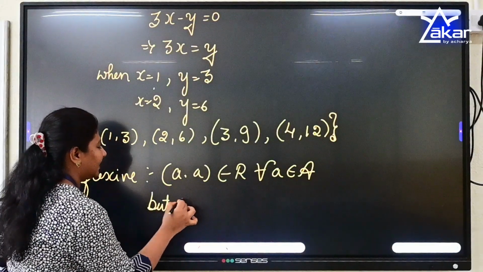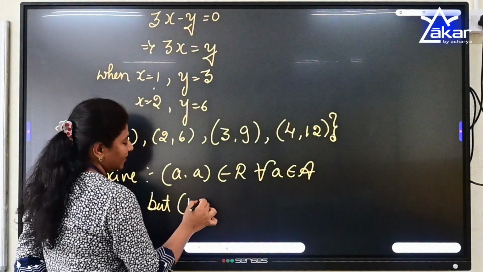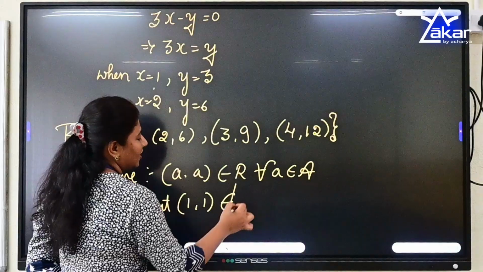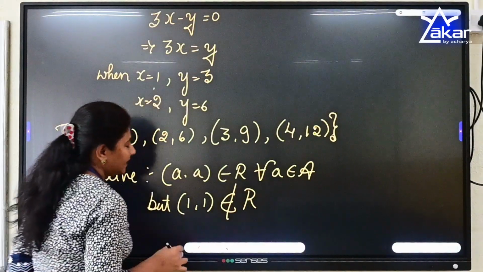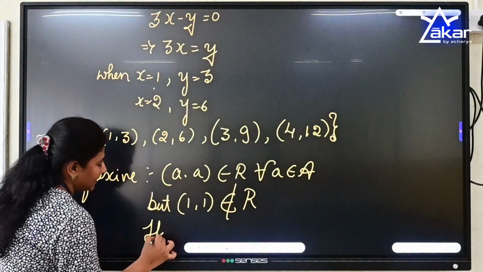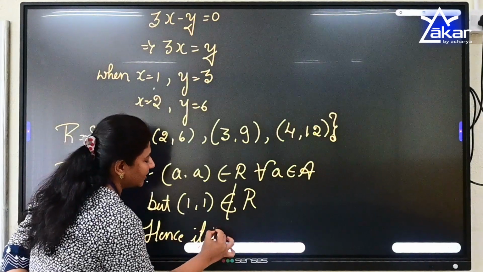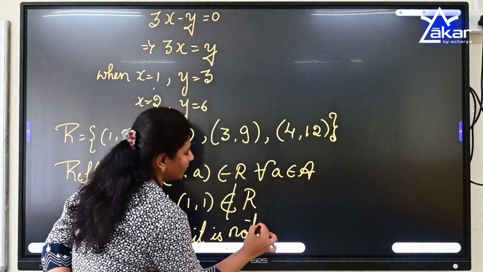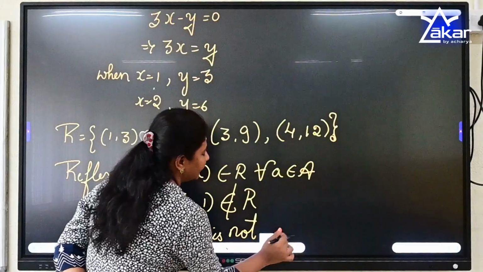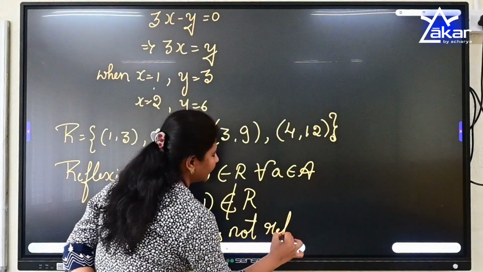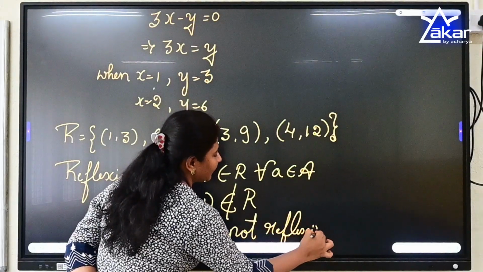We cannot find (1, 1) in R, so (1, 1) does not belong to R. Hence it is not reflexive.